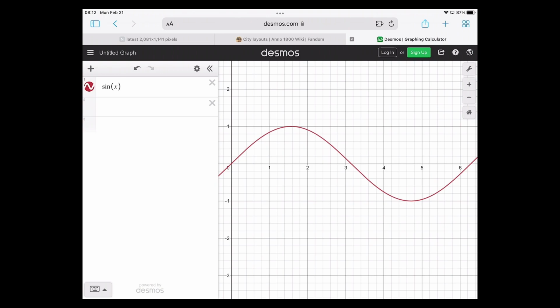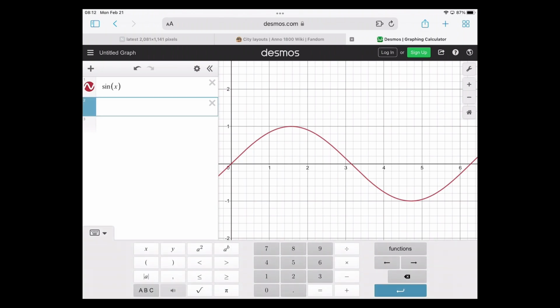Okay, so do we know a function that if you plug in 0, you get 1, and when you plug in pi halves, you get 0? Cosine has that property, okay? So in fact, let me graph cosine along with it.